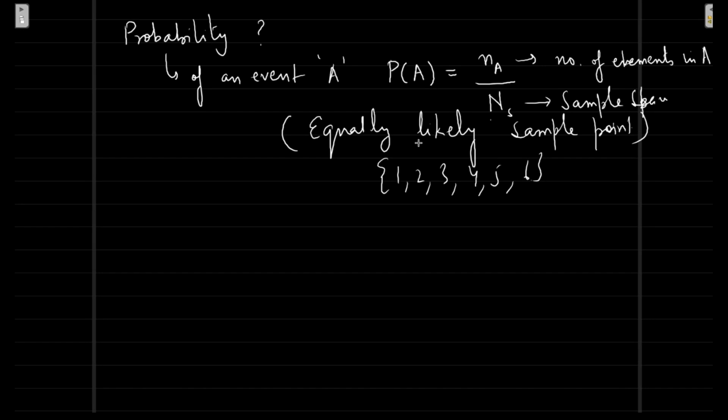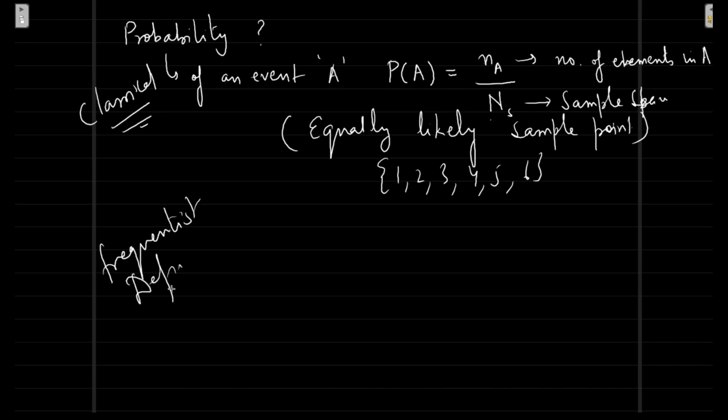This definition is what we call the classical definition of probability. From this came the frequentist definition, which we will do tomorrow, and a little bit about the Bayesian definition. Then I will go to the Kolmogorov axioms, and build on to what the syllabus of probability and statistics is. But at this point, it is relatively easy.